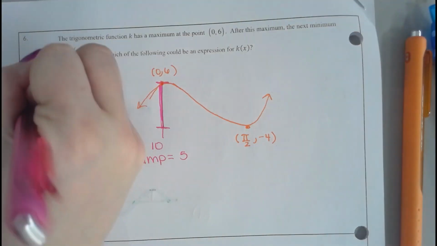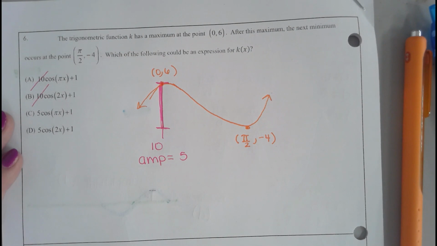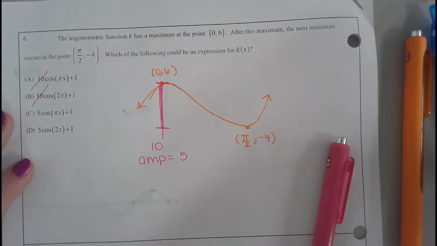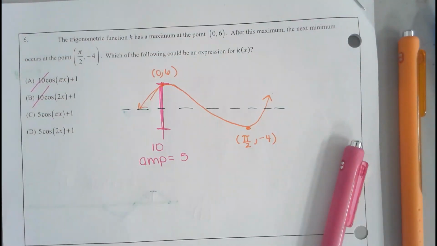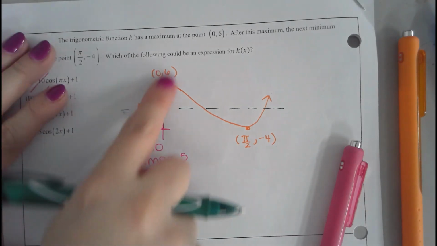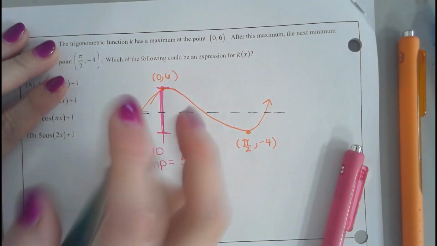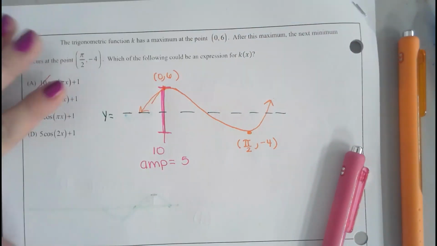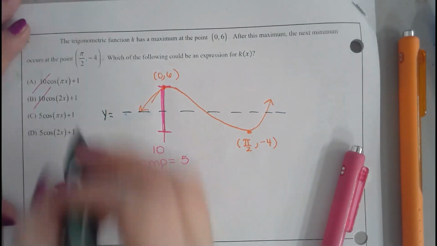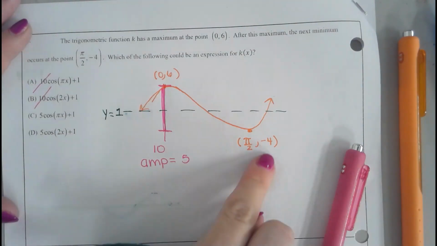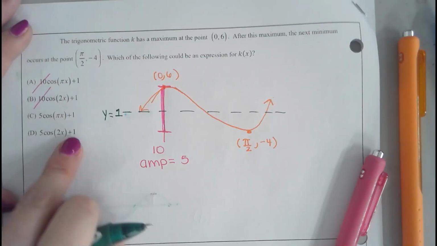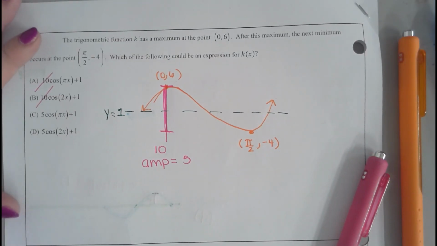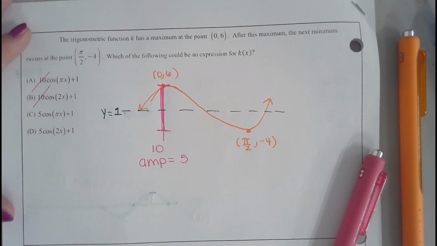So we can get rid of those two answer choices. The midline is the actual line. That is 5 units between each point. So 5 units away from 6, or 5 units below 6, is going to be 1. Or you could say 5 units above -4 is also 1. So my midline is 1, which didn't help me out any.